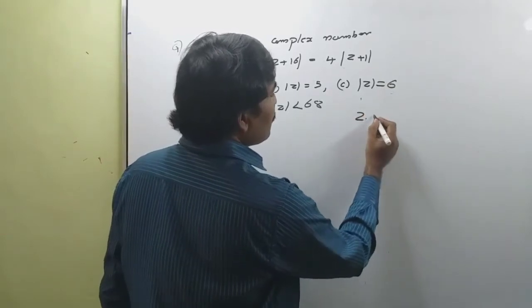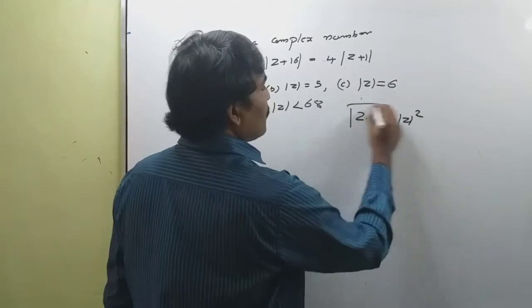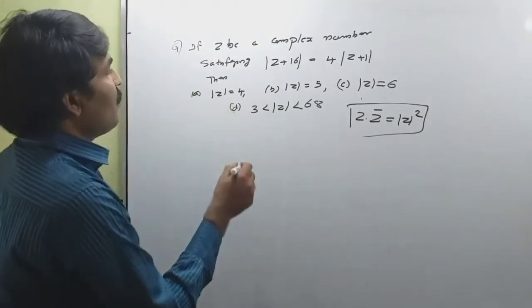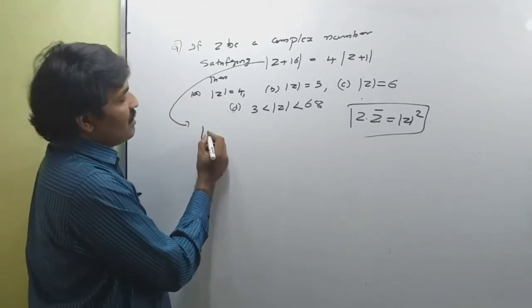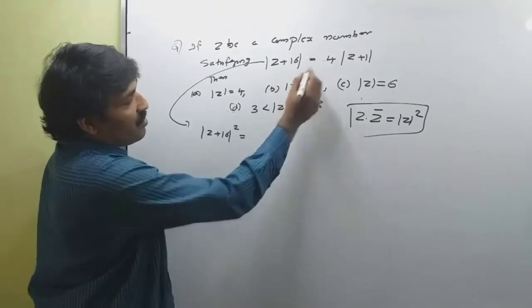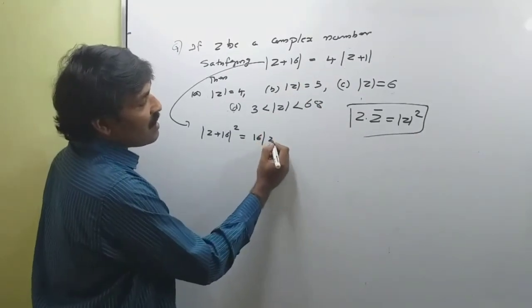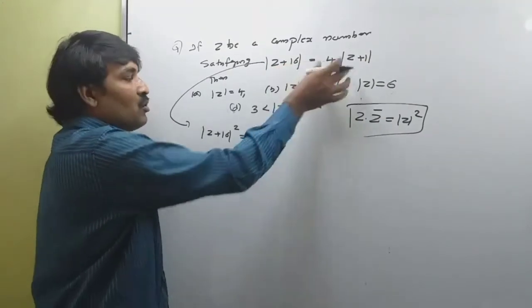Z into z conjugate is equal to mod z square. So we can write this as mod z plus 16 the whole square is equal to 16 into mod z plus 1 the whole square, squaring both the terms.